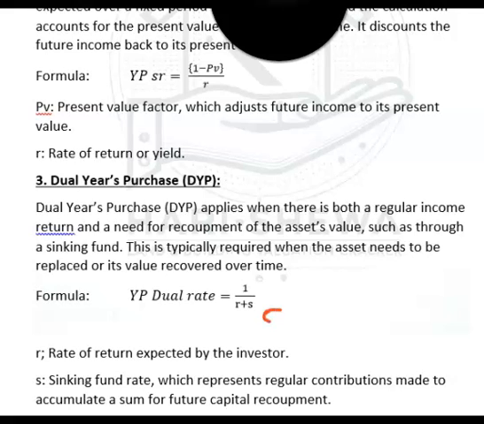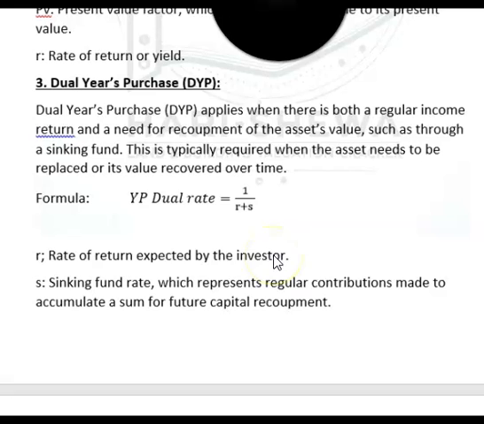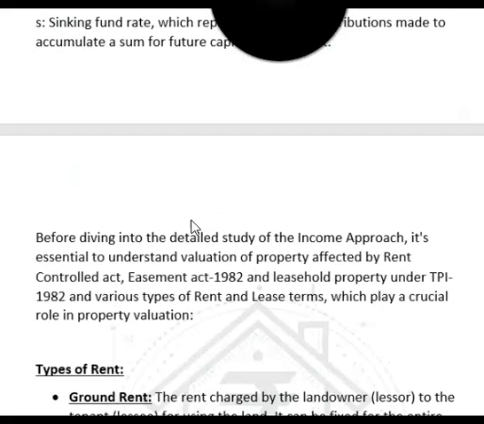Sinking fund is calculated as R divided by (1 plus R) bracket close, n minus 1. So you can calculate it, and putting the sinking fund factor here, you can get the YP dual rate.